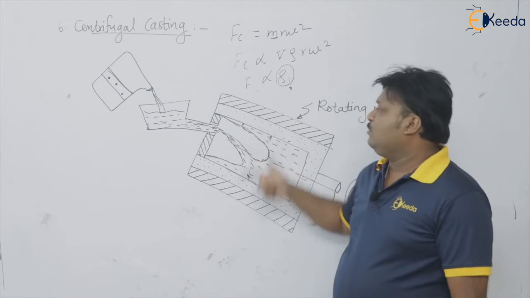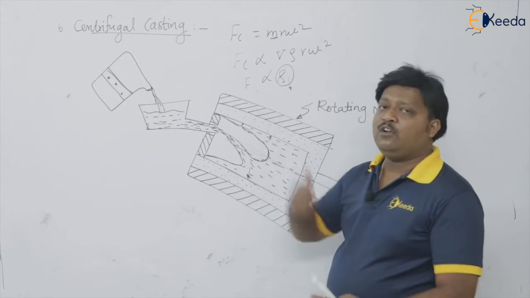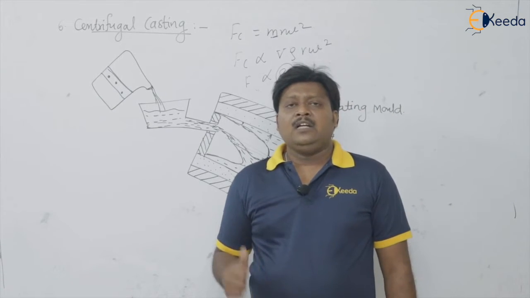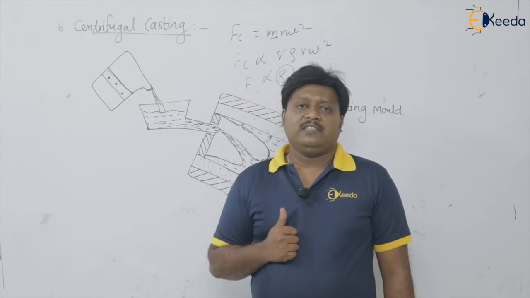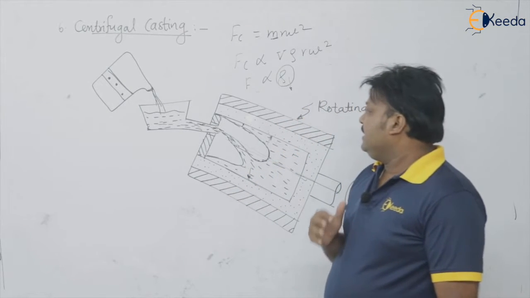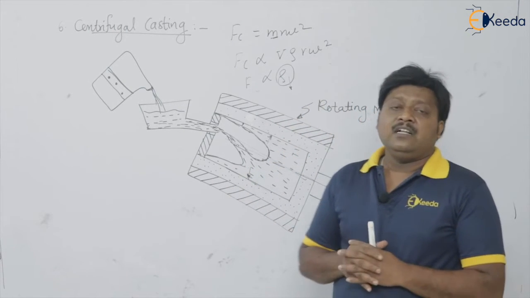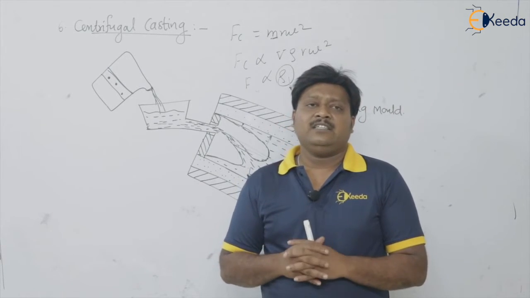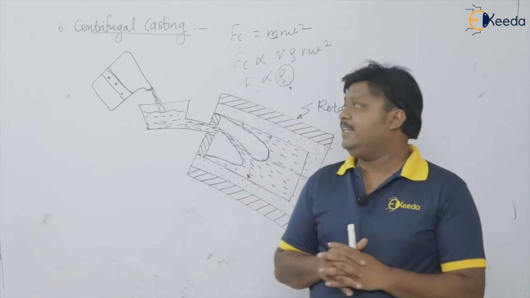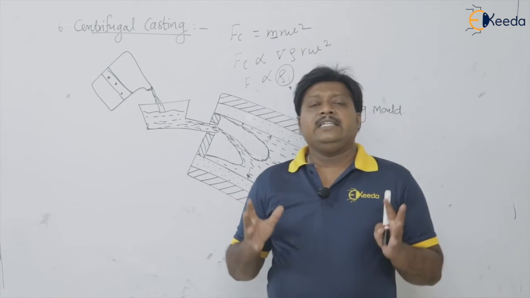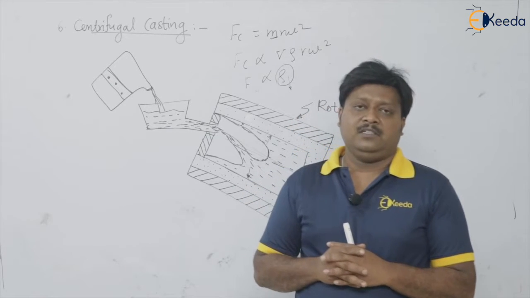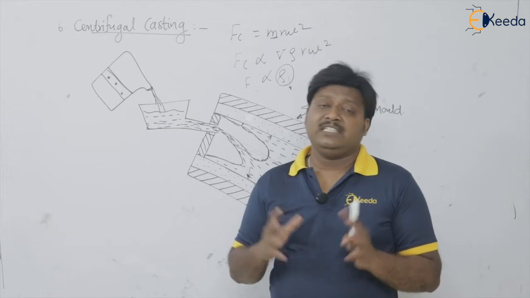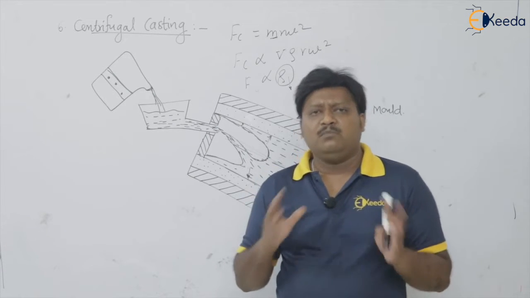We can rotate the component so that material goes along the periphery and circular parts can be produced. Now the second important thing in this technique concerns steel castings. Steel is an alloy of iron and carbon, as we know very well. The centrifugally cast steel components do not have good machinability, or they have very poor machinability. Why is it so? Steel is an alloy of iron and carbon.